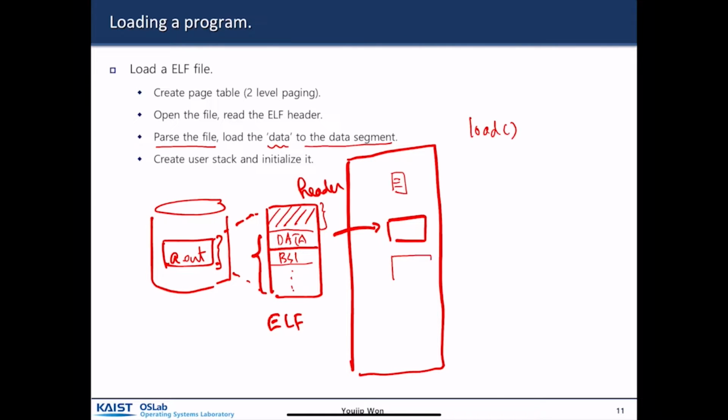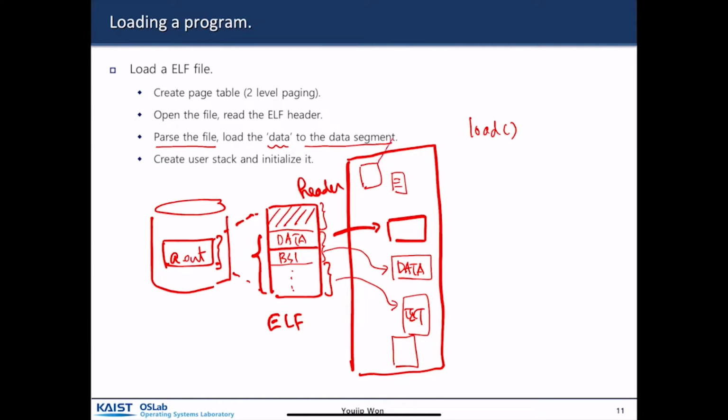So it loads the data section to the data segment and then reads the text to the text segment. This is data and this is text. And then it also creates a stack for the process and then initializes it. So there was a thread structure that has been created already.